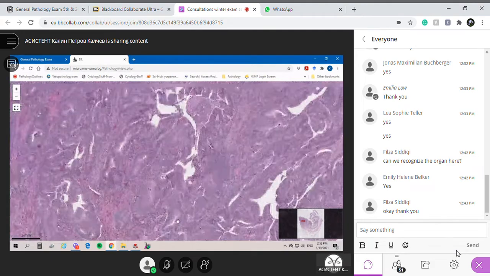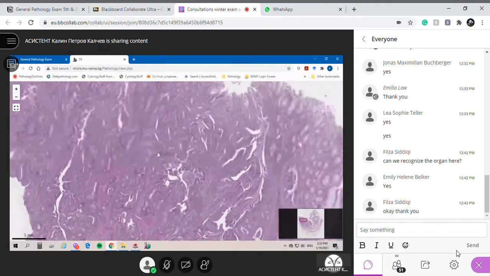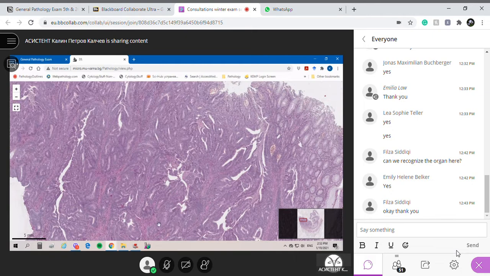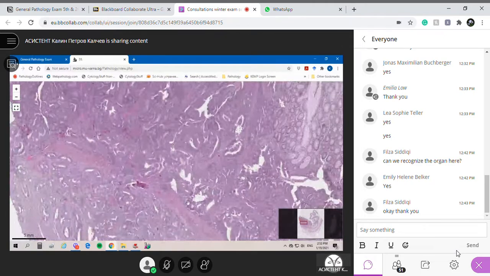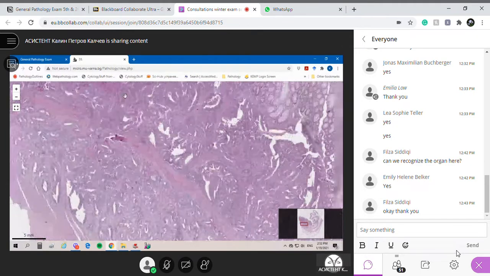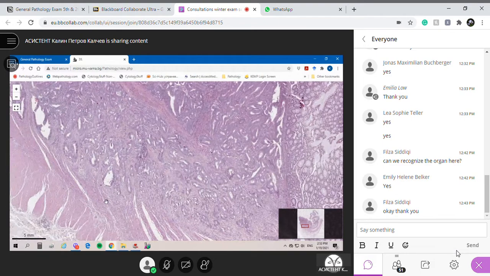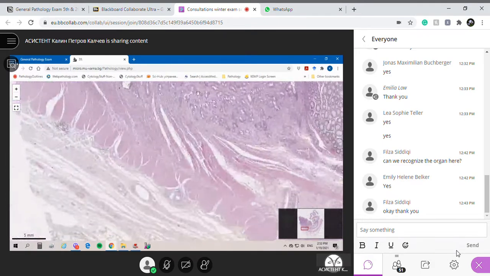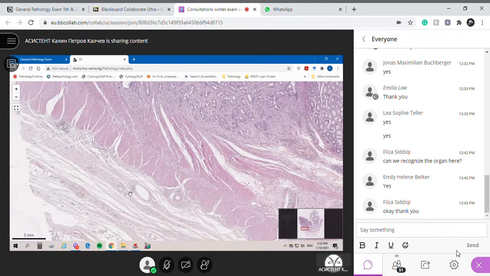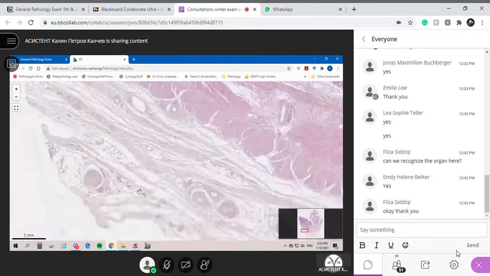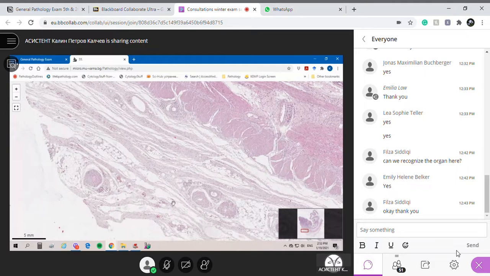So, for example, if we see the tumor glands only in the submucosa, we define that as a T1 tumor according to the TNM classification. If it goes into the muscularis propria layer, like it is here, it is defined as a T2 tumor. If it goes beyond the muscularis layer into the pericolic fat, then it is a T3 tumor.